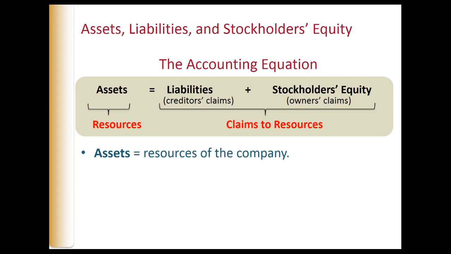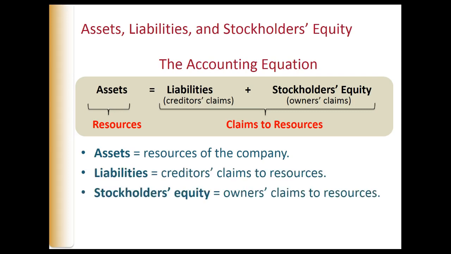So, as we move on, assets are resources of the company. They can be used simultaneously. Liabilities are creditors' claims to those resources. God forbid if this company goes defunct, the creditors have a right to some of those resources.